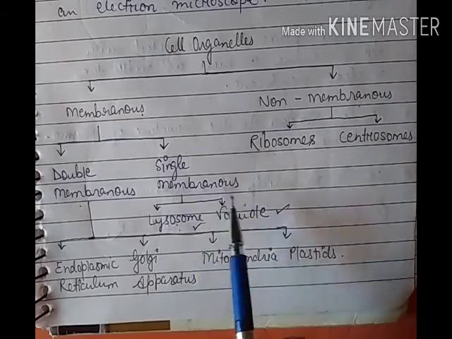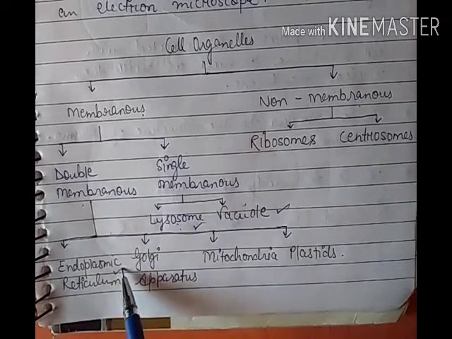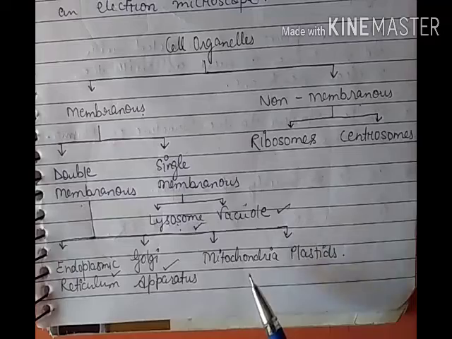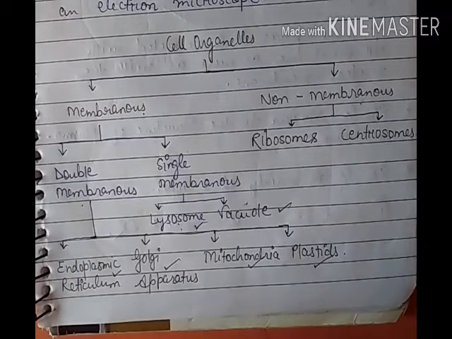These two organelles have a single membrane in their structure. What are the cell organelles which are double membranous? They are the endoplasmic reticulum, Golgi apparatus, mitochondria and plastids. These four organelles have a membrane that is double layered.